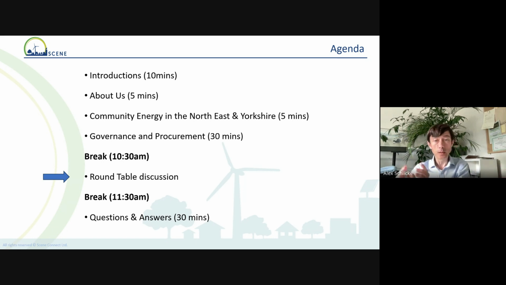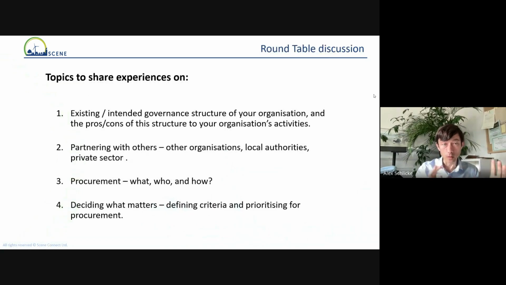But if you want to be installing solar on the roof and supplying that solar to people in their homes, then you need a different vehicle. You will probably need some form of company structure, be that a community benefit company, a private limited company, or another. These are the things you need to explore.